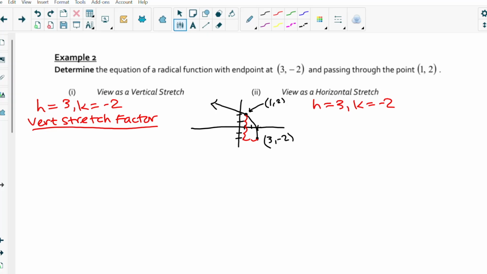I know there are coordinates there, but think in relative terms. So 2 units on the horizontal axis, and 4 units on the vertical axis. Remember, vertical stretch factor, only y values are affected. So I'm taking the graphical approach. We'll do both. Okay. On the base function, y equals square root of x.